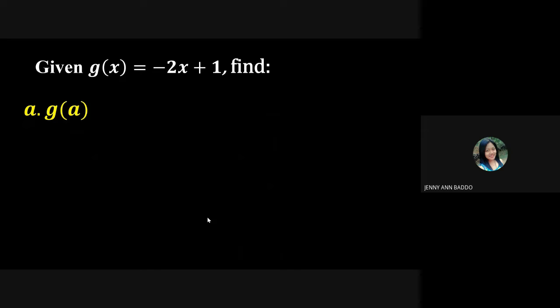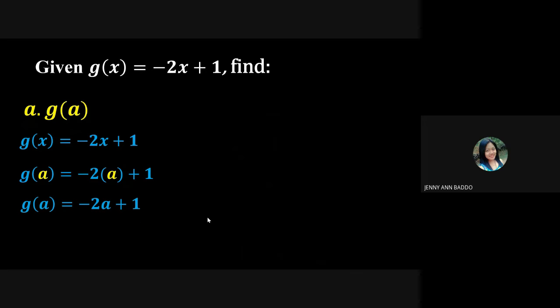Like what we have done a while back, we simply have to substitute a to the variable x. So we now have negative 2 times a plus 1. Simplifying, we now have negative 2a plus 1. Therefore, g of a equals negative 2a plus 1 because we cannot simplify this one anymore.